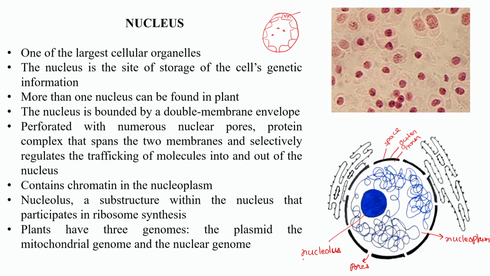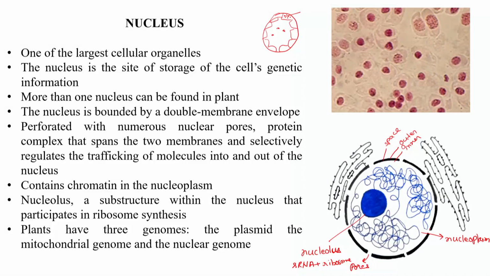It contains rRNA, ribosomal RNA, and ribosomes. So ribosomes are assembled here and they require protein and rRNA. This nucleolus is attached to that part of the DNA where rRNA genes are. They are transcribing rRNA genes, and the ribosome subunits enter into the nucleus through the pores from the cytoplasm and are assembled there.